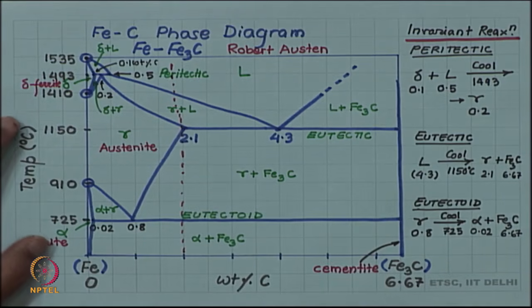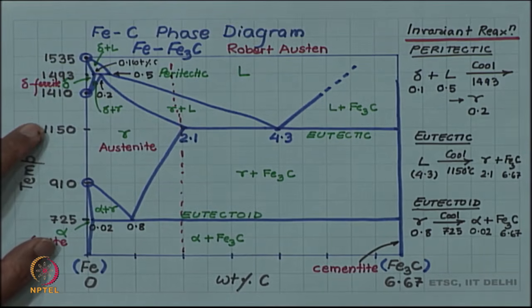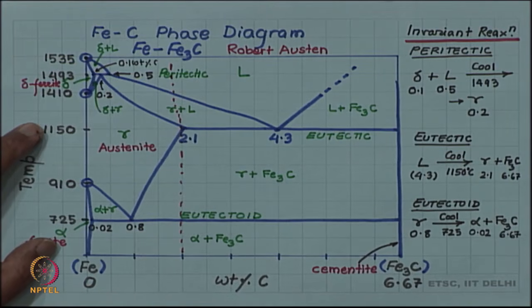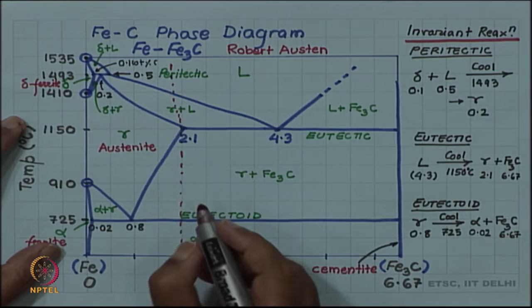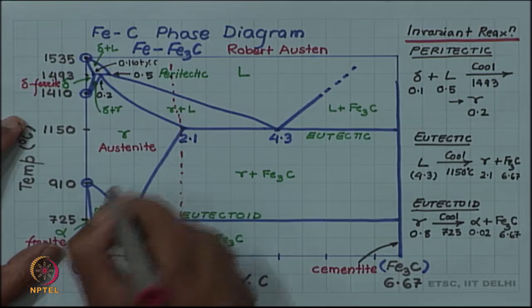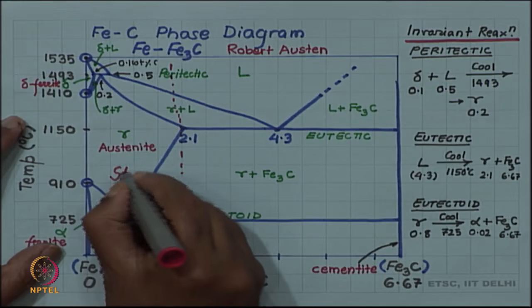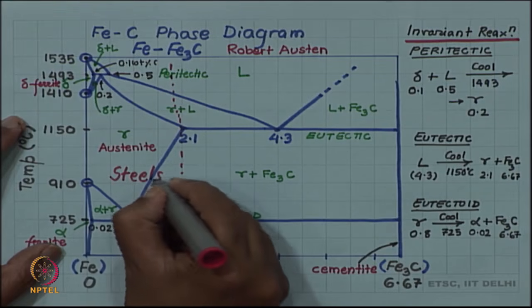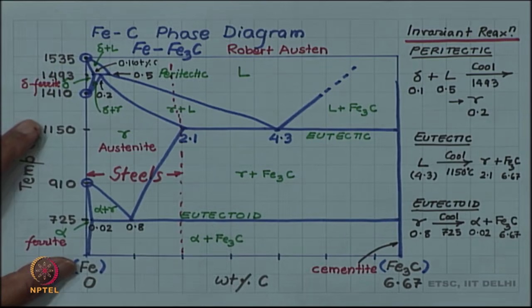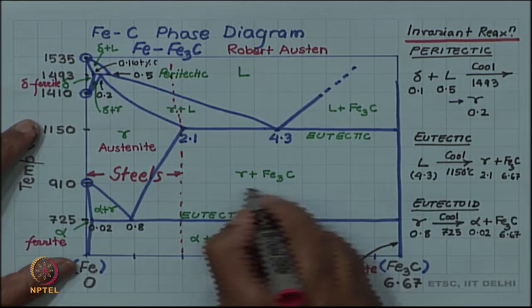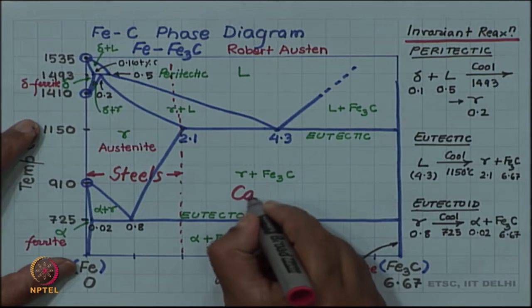One is called cast iron and another is called steel, and a rough demarcation line is drawn at about 2 weight%. So, alloys with less than 2 weight% carbon are called steels. And alloys with higher carbon are called cast iron.